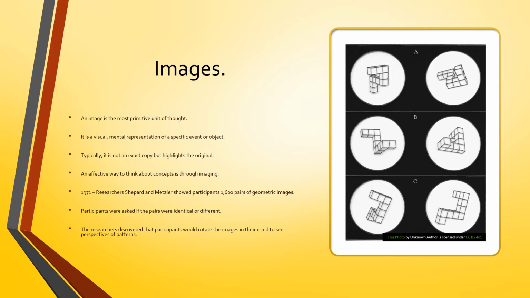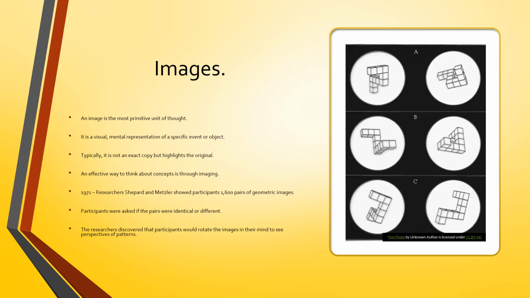So an effective way to think about concepts is through imaging. In 1971, researchers Shepard and Metzler showed participants 1,600 pairs of geometric images, like you see in that picture there. They were asked if the pairs were identical or different. The researchers discovered that participants would rotate the images in their mind to see perspectives or patterns.